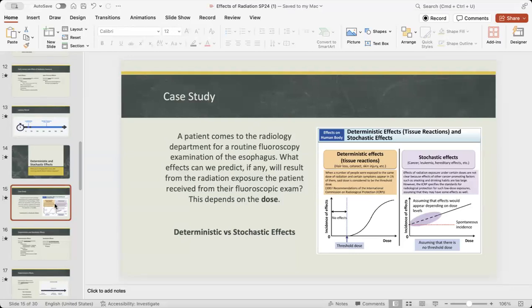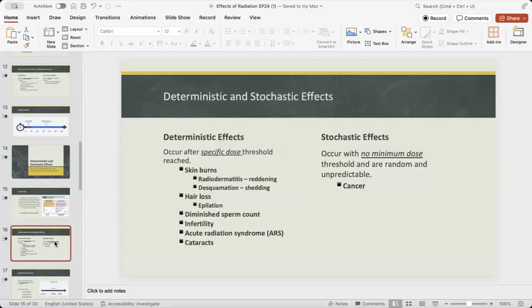Now, depending on the area, because we know the neck is a sensitive area, there may be some type of reaction, but you wouldn't be able to see it right then. And then your stochastic effects, like we talked about before, are going to be on down the line.